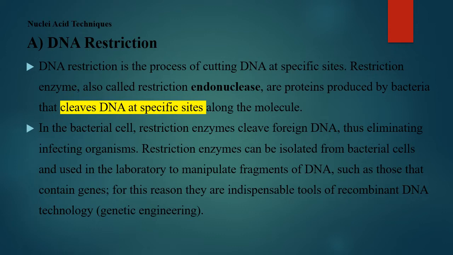Now, these restriction enzymes are what scientists have been able to, shall I say, scoop out and manipulate for use in DNA restriction. So these enzymes are known to have the ability to cut DNA or foreign DNA at particular points.